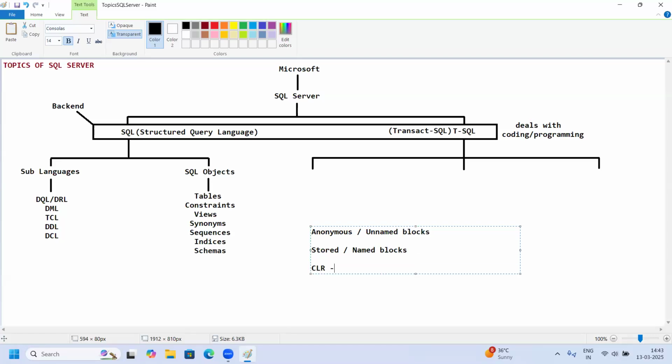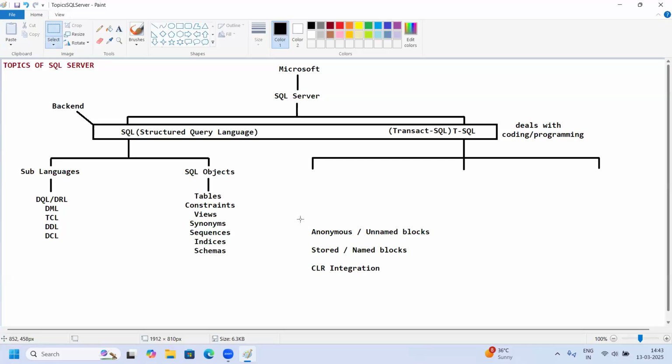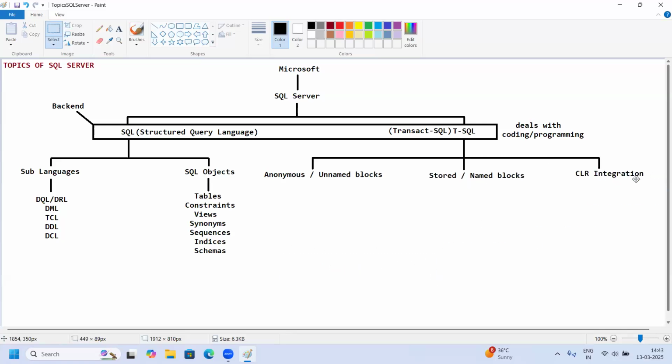Third, CLR integration. Anonymous or unnamed blocks, stored or named blocks, CLR integration. 3 modules.